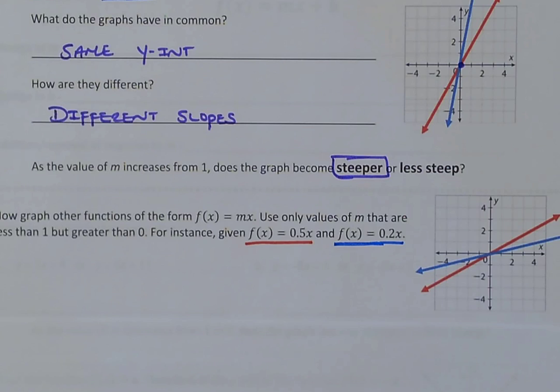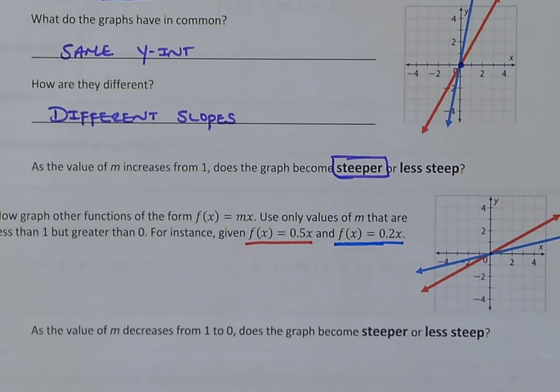If we look at these two graphs, again, they have the same y-intercept. They both cross at 0, but they have a different slope. And if we look at our equations, it's from 0.5 to 0.2. Okay, our number has decreased. So if our number decreases, what happens to the graph?